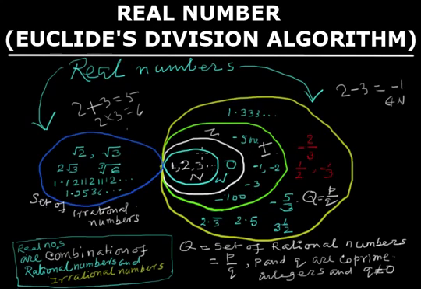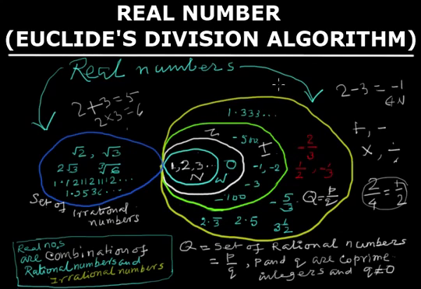But again we have some operations: addition, subtraction, multiplication, and division. If I take 2 divided by 4, the result is half. But this half is not included in the set of integers.